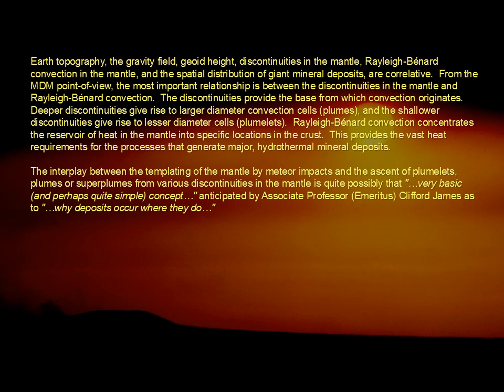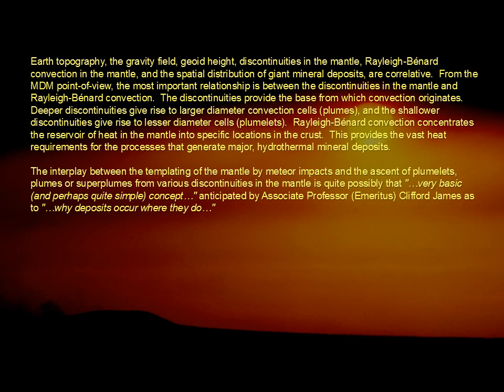Earth topography, the gravity field, geoid height, discontinuities in the mantle, Rayleigh-Bénard convection in the mantle, and the spatial distribution of giant mineral deposits are correlative. From the mineral deposit model point of view, the most important relationship is between the discontinuities in the mantle and Rayleigh-Bénard convection. The discontinuities provide the base from which convection originates.